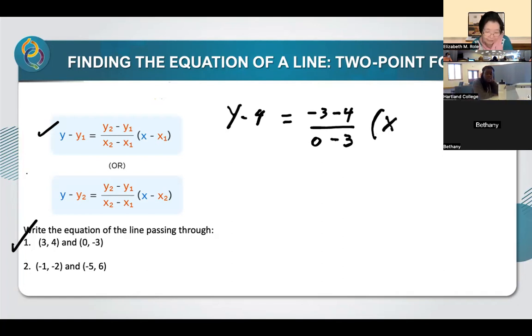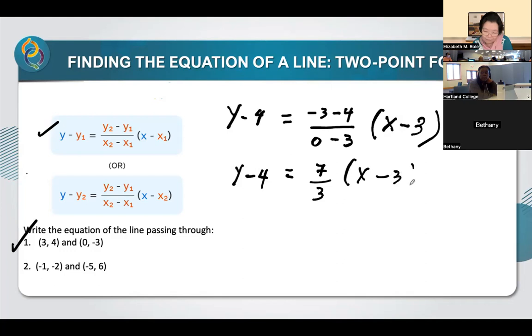X will stay because we're looking for an equation. Minus 3, yes, good. So you now have y minus 4 is equal to, this is negative over negative, that will just be 7 over 3, right? Minus 3 minus 4 is minus 7, 0 minus 3, that will become negative over negative, times x minus 3.